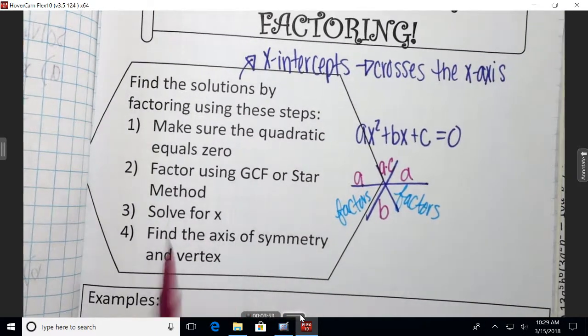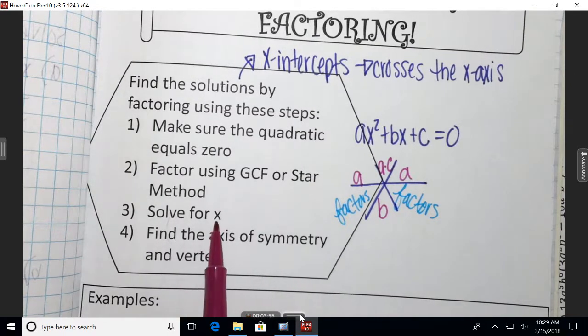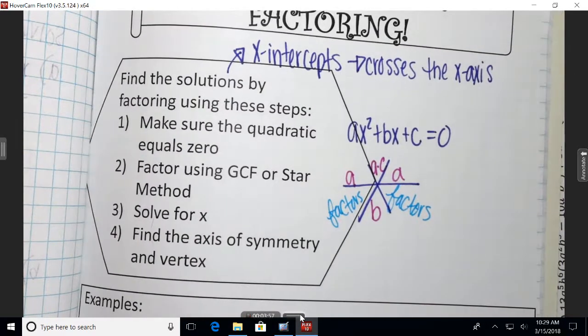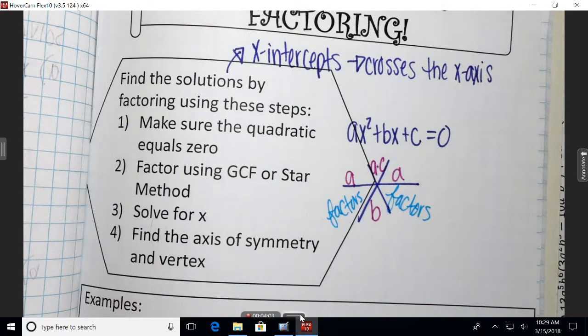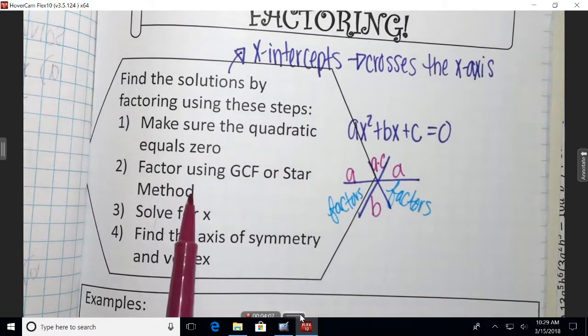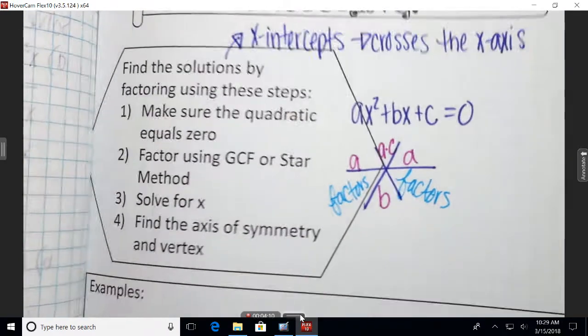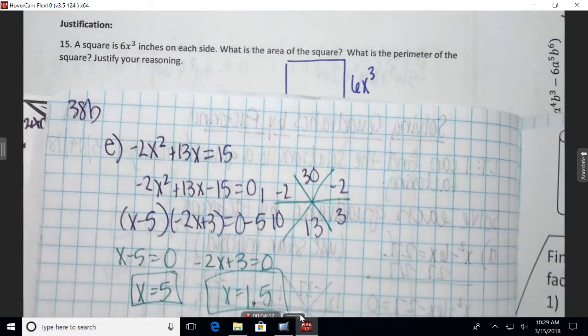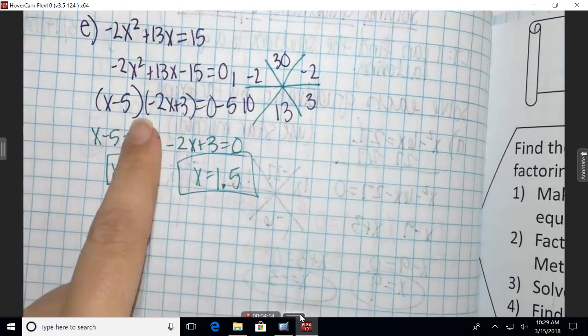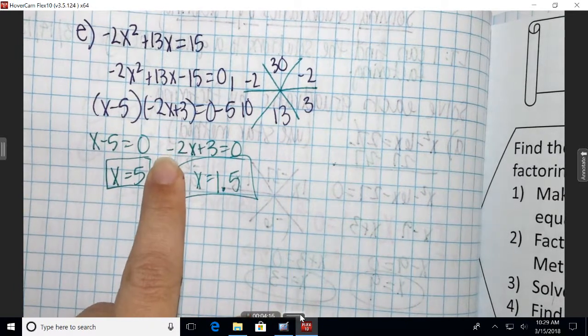Alright, so when it says solve for x, what does that actually mean we do with our factors? So that's what we did here, right? We factored it. And after we factor, so once our example here from yesterday, we factored it, we have it equal to 0, what do we do?